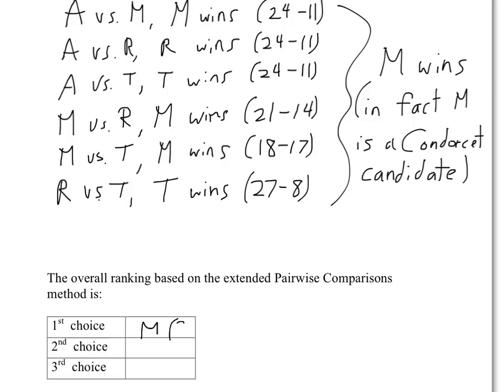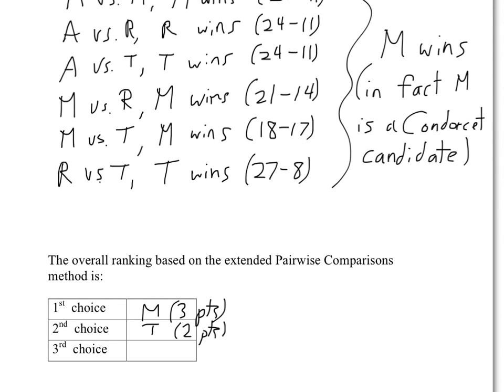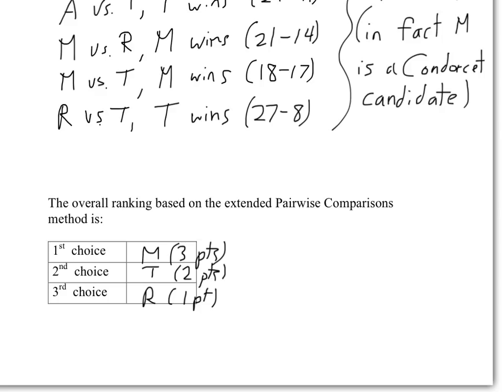So Mark has 3 points. Tom has 2 points from his 2 victories. Then Rachel has 1 point from her victory over Ashley. And finally, Ashley has 0 points because she did not win any of her head-to-head competitions. So Ashley comes in 4th overall with 0 points.